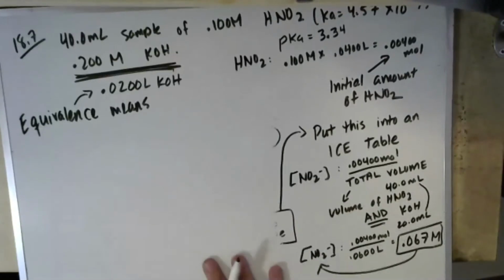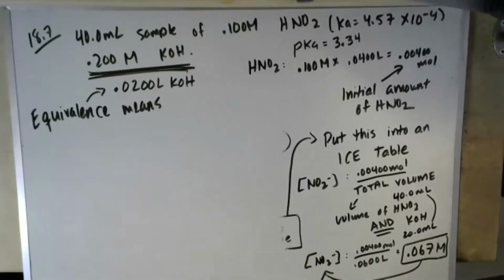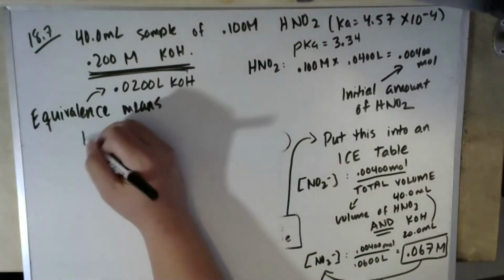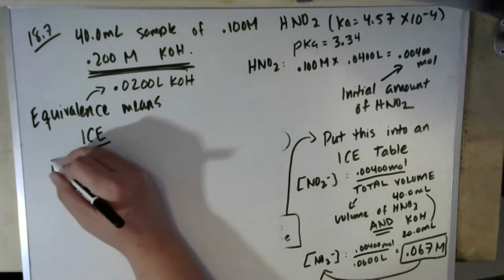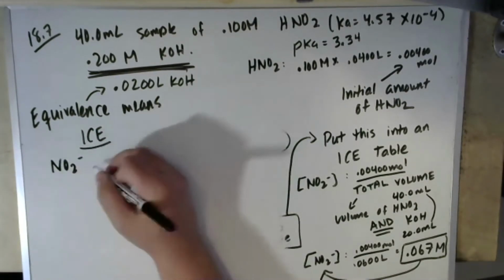All right, now before we start filling in our ice table, it's best to write out the reaction that's going to be occurring in water first. And in this case, we're focusing in on this nitrite ion. We're looking at the reaction of the nitrite ion with water.